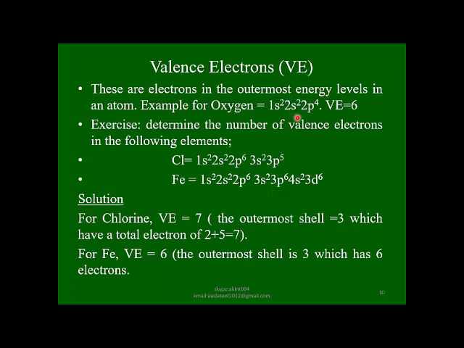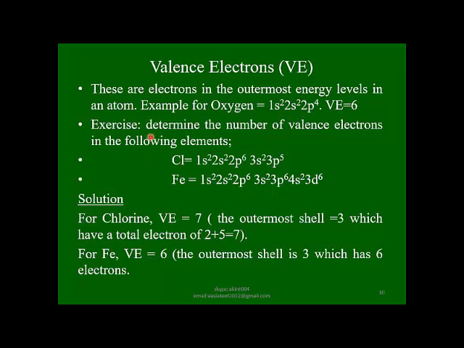These 2s and 2p constitute what is called the outermost energy level for oxygen. So to get the valence electrons here, we need to add 2 plus 4, making 6. We should not mistakenly add these 2s. We need only the superscripts, the indices here. They are what we are adding, making 6 electrons as the valence electrons for oxygen.